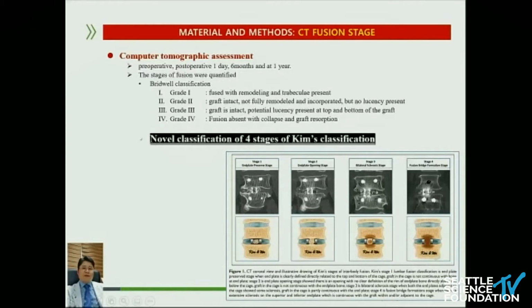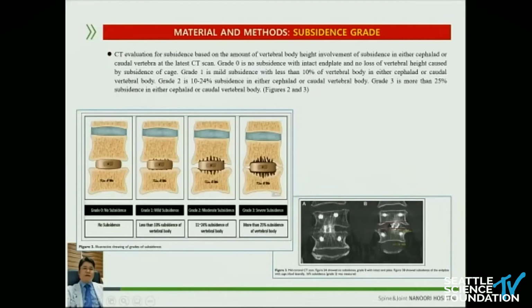Kim's classification is divided into stage 1, endplate preserve stage; stage 2, endplate opening stage; stage 3, bilateral sclerosis stage; and stage 4, fusion bridge formation stage. In addition, the subsidence grade was evaluated using CT, and was classified from grade 1 to grade 4 according to the degree of subsidence.